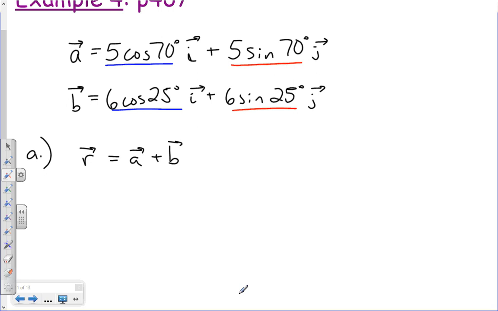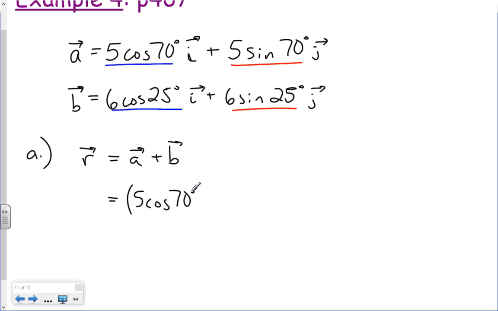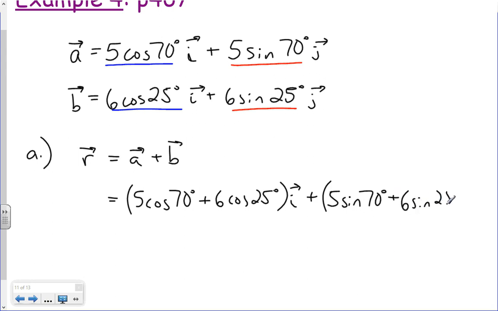Keep those separated that way, and that will tell me the resultant vector here. So that's all we're going to do. This is equal to, let's put the i parts together. I've got 5 cosine of 70 degrees plus the 6 cosine of 25 degrees. That's times vector i. And now do the j parts. It's 5 sine of 70 degrees plus the 6 sine of 25 degrees. And that's times vector j.